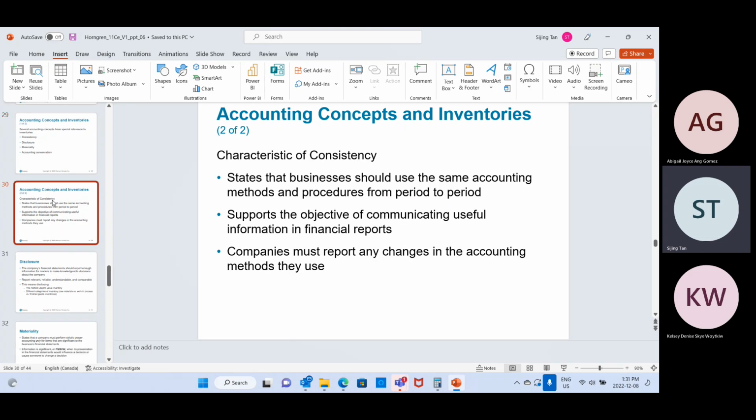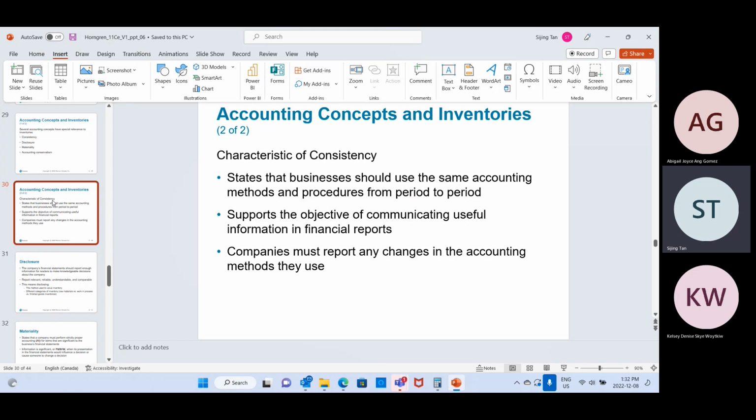Now, there are several accounting principles related to inventory. First of all, consistency. The consistency principle states that a business should use the same accounting methods and procedures from period to period, because it helps investors compare results from year to year.